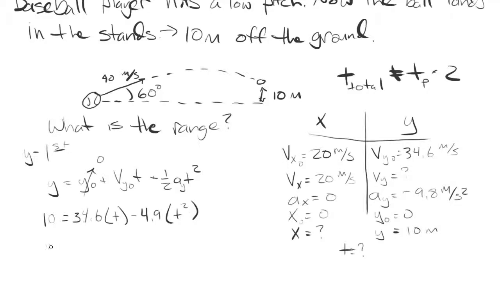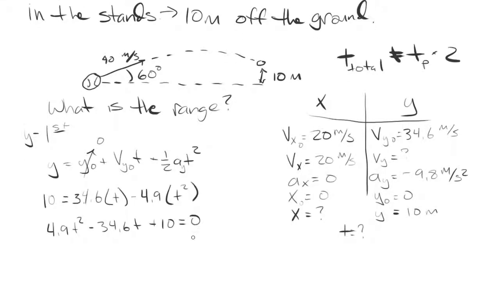If I rearrange this and make it look a little more familiar, I get 4.9 t squared minus 34.6 times t plus 10 is equal to 0. And that's a quadratic.